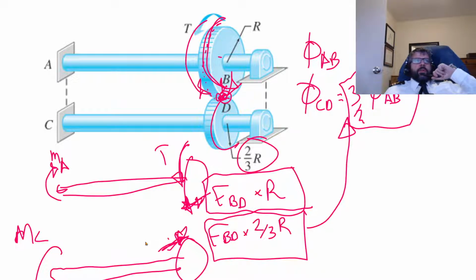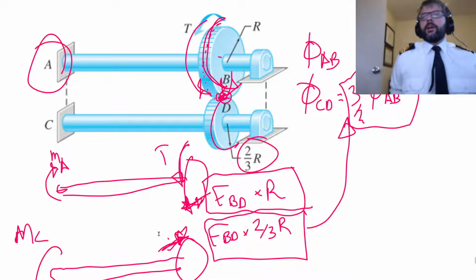So between the two of those, we've got two unknowns that relate to one another. MA and MC can be found in relation to one another through FBD. So we need to know what FBD is and one of these reactions, and we can use that to find the other one. So from that, essentially two unknowns, and we've got the two twist equations. From there, plug those values in, and we can solve for what those are.